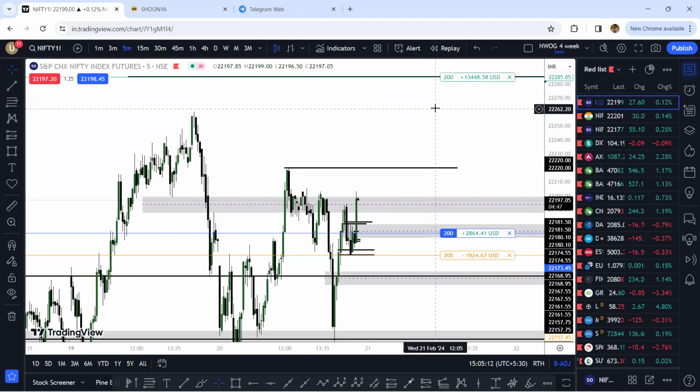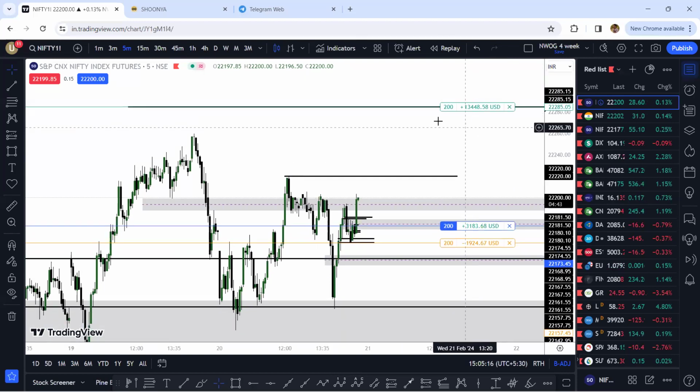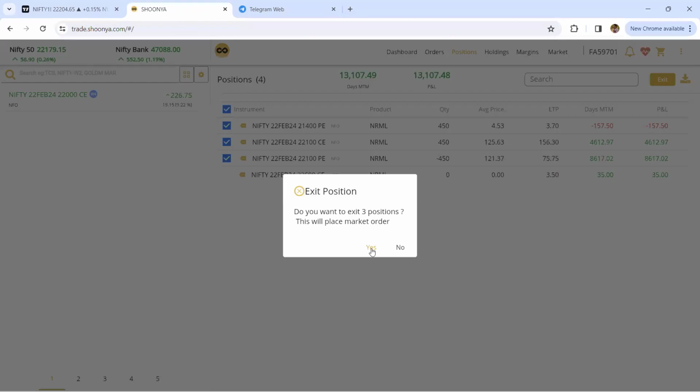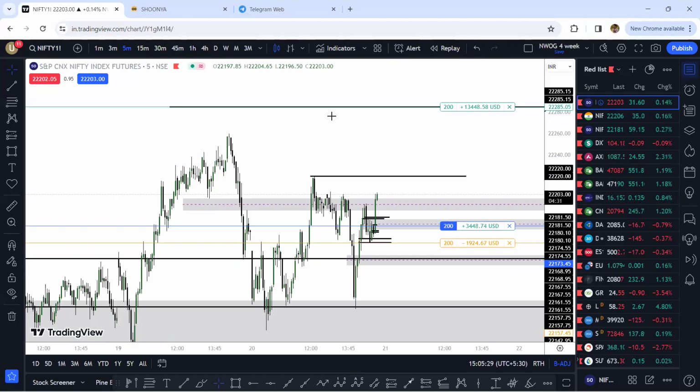The only problem is the time. I don't want to see myself stuck in this trade in overnight positions. We've got almost 15 minutes, sorry, 30 minutes only. So what I can do is I can right away cut this trade now.